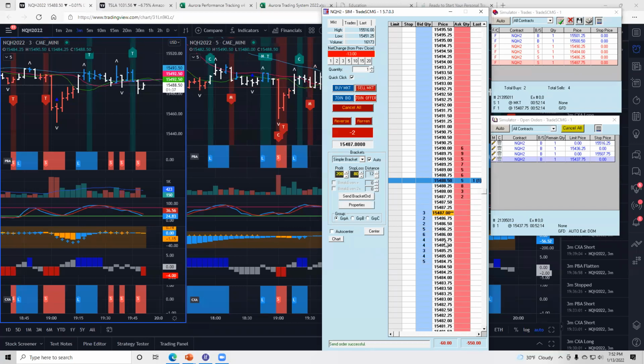Now the first thing I'm going to do is to scroll down my DOM and place an order to close for a profit of 477.75. And by clicking in the price column on 477.75, it actually made the 50-point profit target on that second contract go away.